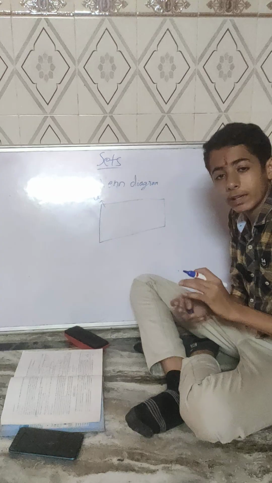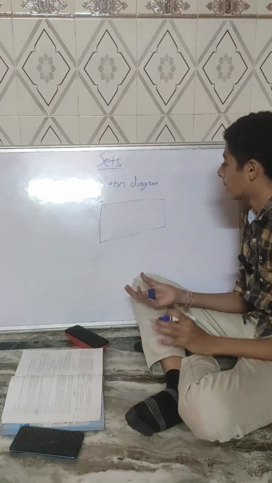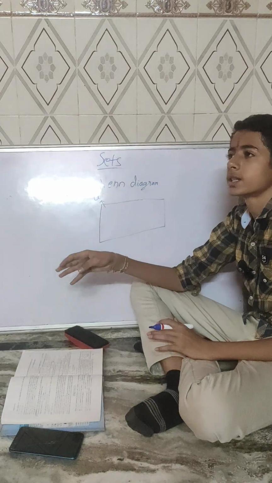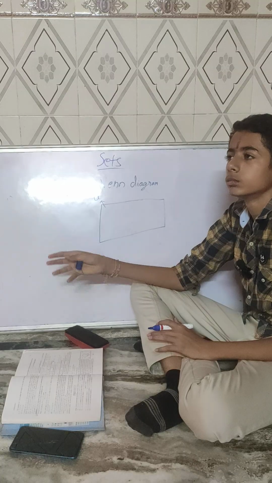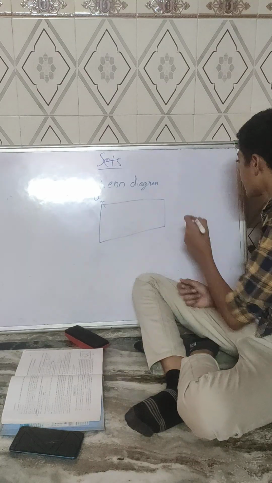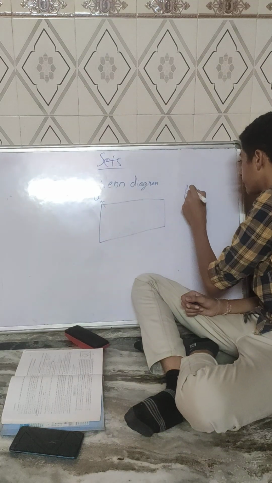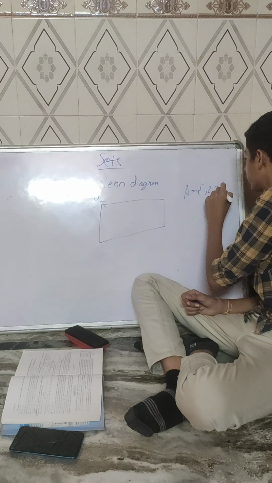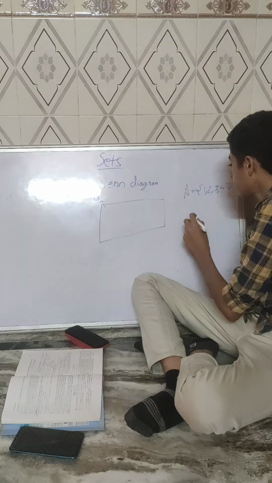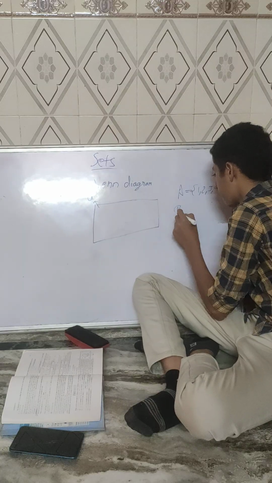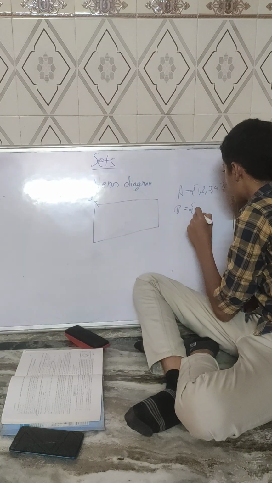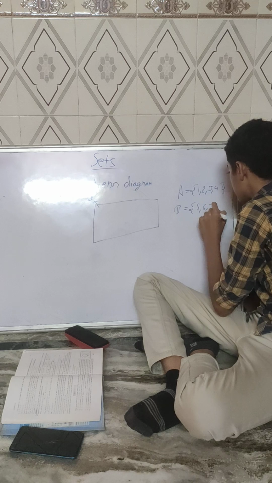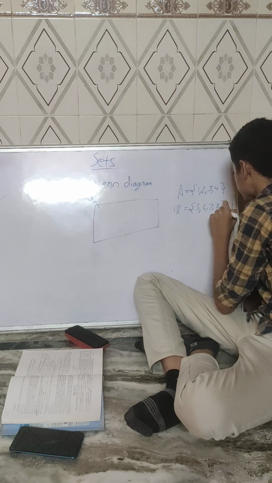Now if we talk about the universal set, let us take it as natural numbers. Now we again have two sets: set A, which has elements 1, 2, 3, 4, and another set B, which has elements 5, 6, 7, 8.